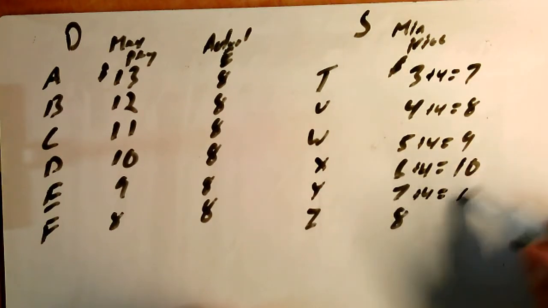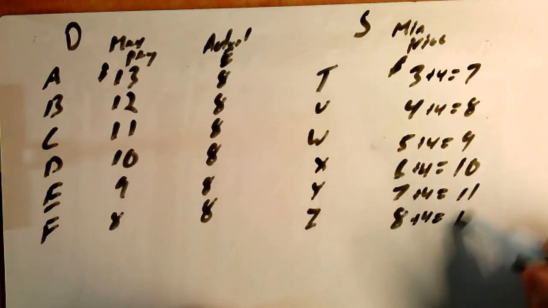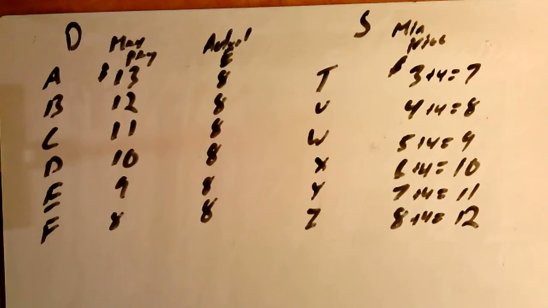Plus 4 is equal to $11, and plus 4 is equal to $12. And so on. Comparing this new minimum acceptable price schedule with the original maximum willingness to pay, we can find the new equilibrium quantity using the same process as in part A.